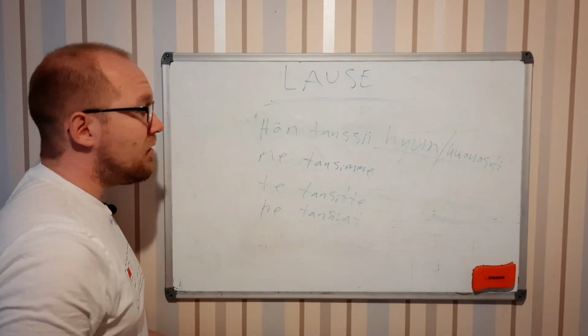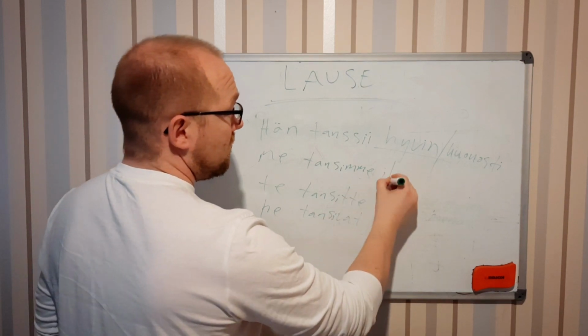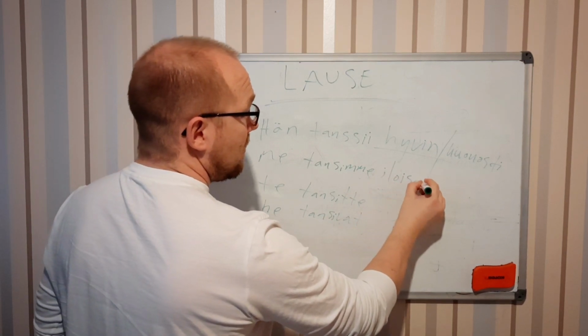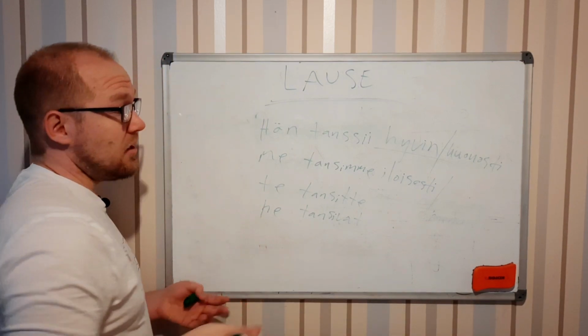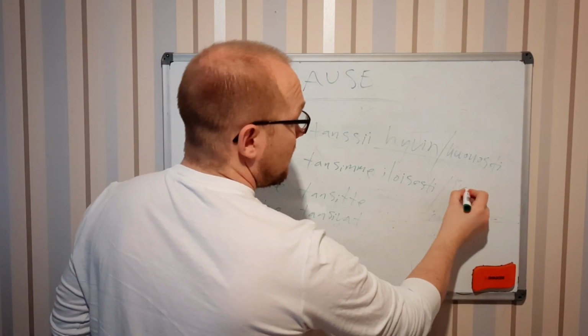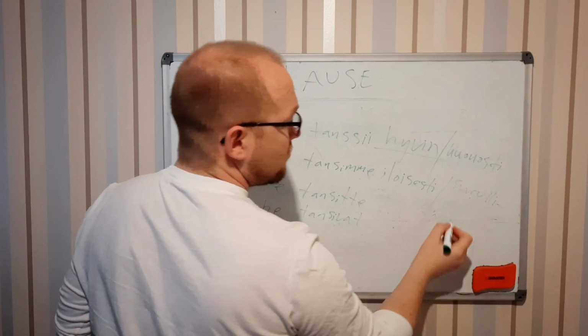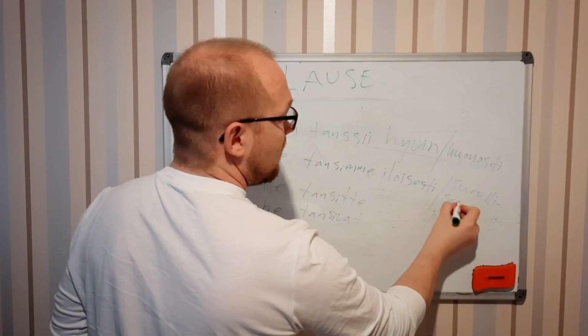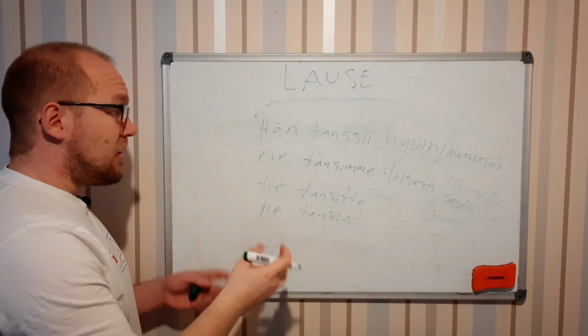Me tanssimme iloisesti. Me tanssimme surullisesti. Te tanssitte.